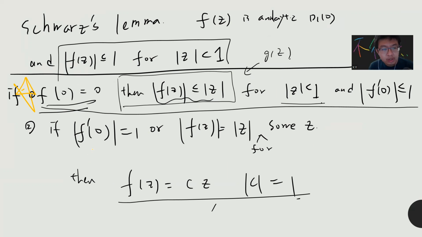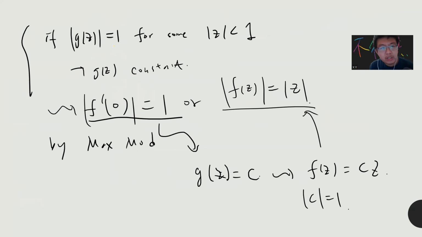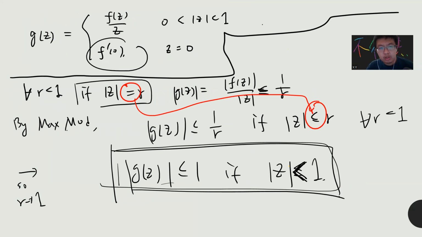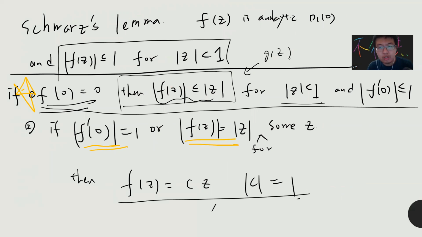So if f prime is 0 or f of z equals z, then that will make the maximum modulus to be true. Then once this is true, g of z will be a constant. Then that forces g of z to be constant, f of z will be cz, and c must be 1.